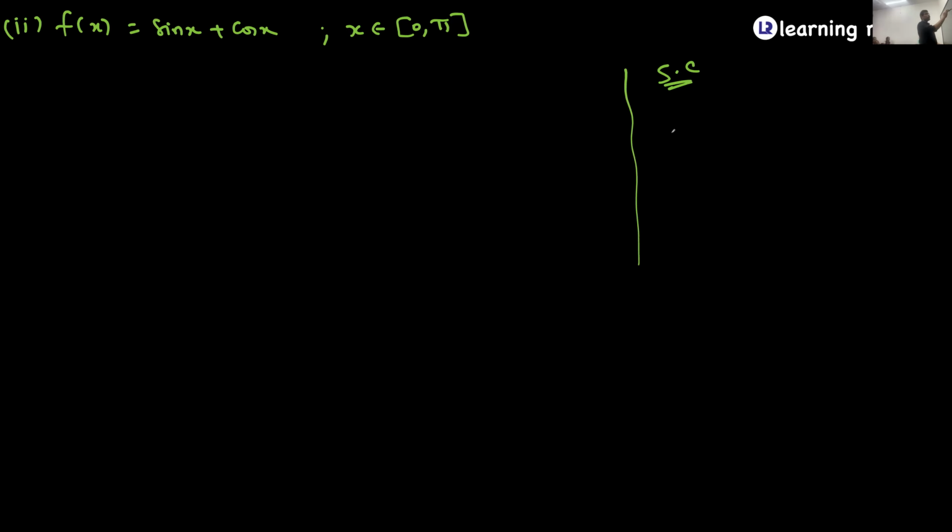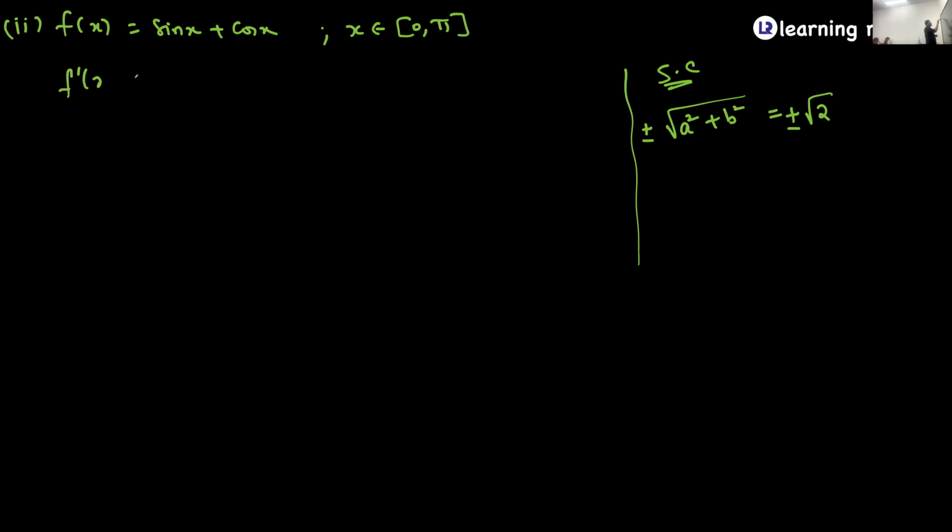So all you need to do is find the root of a square plus b square, where a is the coefficient of sin and b is the coefficient of cos. So here you will get the answer as √2. To that value, add a plus or minus. The plus value will be the maximum value and the minus value will be the minimum value. But we will do it using derivatives.